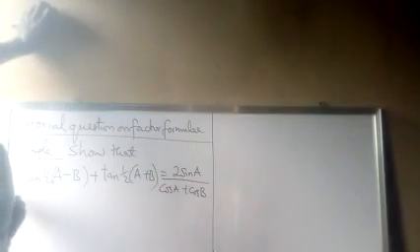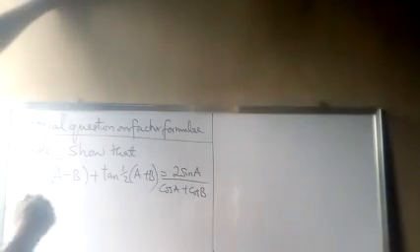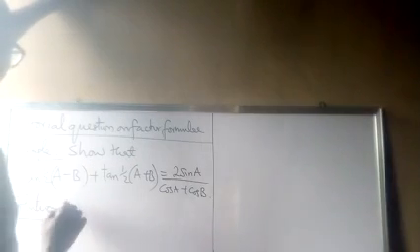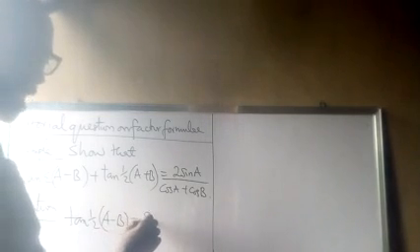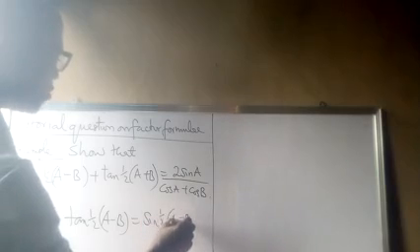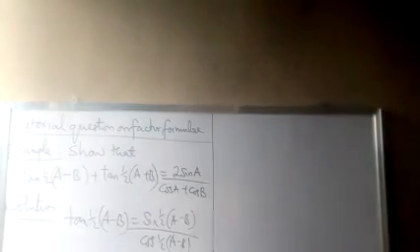Now, to go about this, we have to recall some formula concerning tan half of a minus b. So tan half of a minus b, we should know, is the same thing as sine half of a minus b all over cos half of a minus b, from tan is equal to sine over cosine. Similarly, tan half of a plus b is the same thing as sine half into a plus b all over cos half into a plus b.